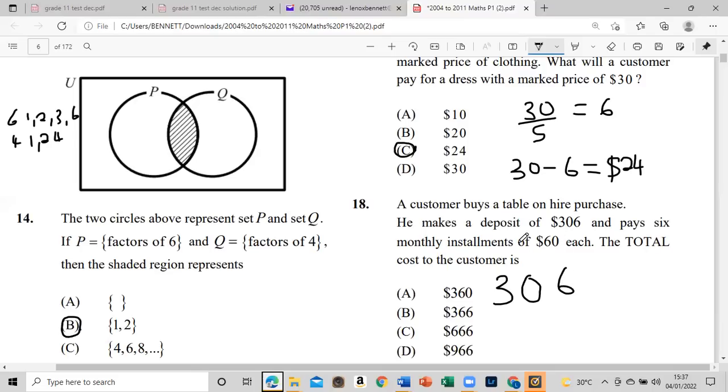But then you have to pay a monthly installment for 6 months, a flat rate of $60. So it would be 60 times 6. 0, 6, 36. So we just add 36, 360.